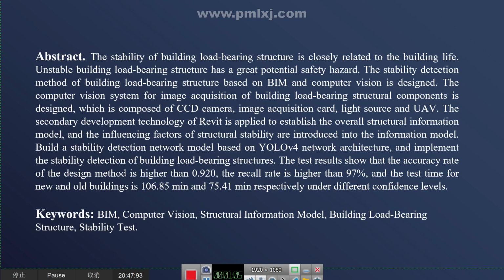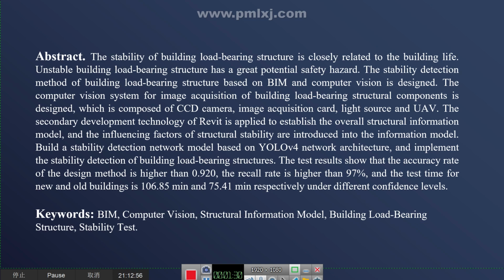The computer vision system for image acquisition of building load-bearing structural components is designed, which is composed of CCD camera, image acquisition card, light source, and UAV.